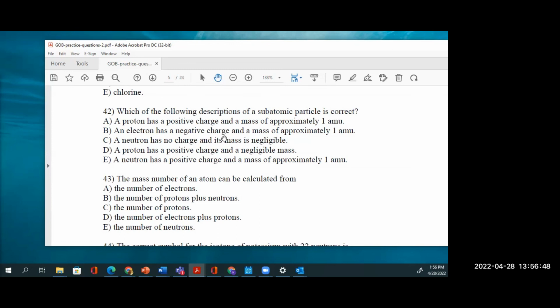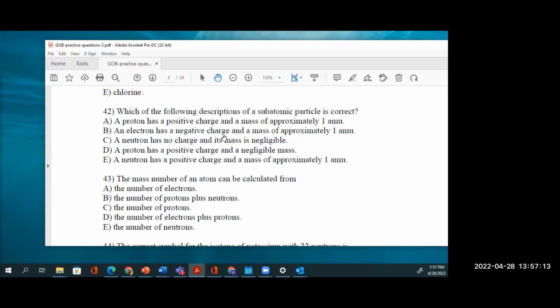Which of the following descriptions of a subatomic particle is correct? A, a proton has a positive charge and a mass of approximately 1 AMU. B, an electron has a negative charge and a mass of approximately 1 AMU.